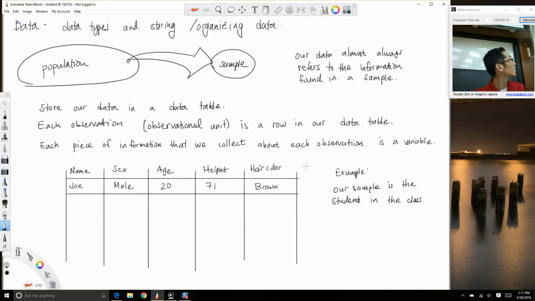Another student, Ashley, is female, is 19 years old, is 64 inches tall, and has blonde hair, and so on. So each column is a variable, each row is an observation.